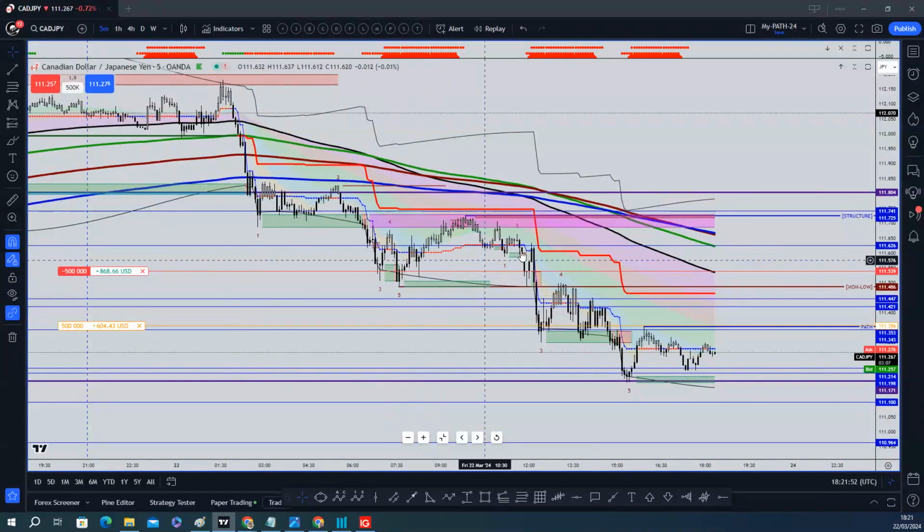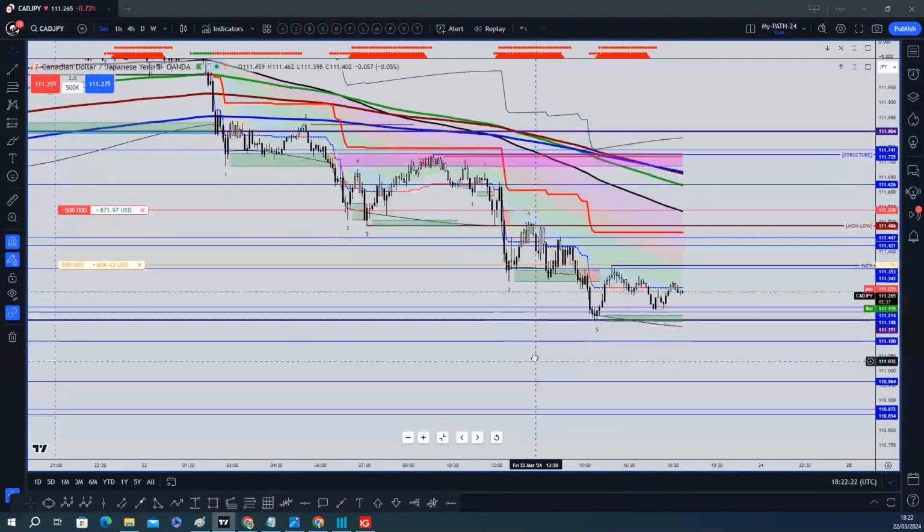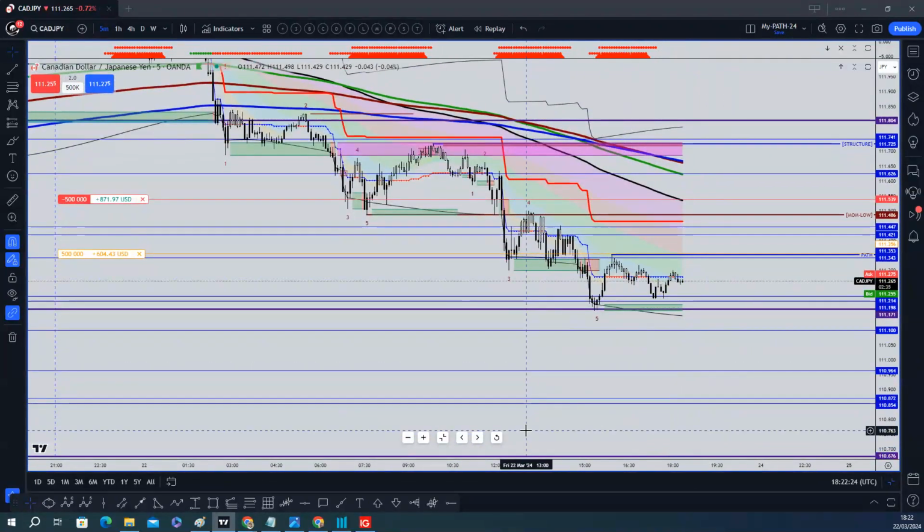Counting the waves helps us to trade in harmony with the market, and by using the path, which I'll explain later in the future, you know where you're going to be wrong, and also in a strong trend you can last longer in the trend. So that's just a simple introduction to the Wave of Success methodology.